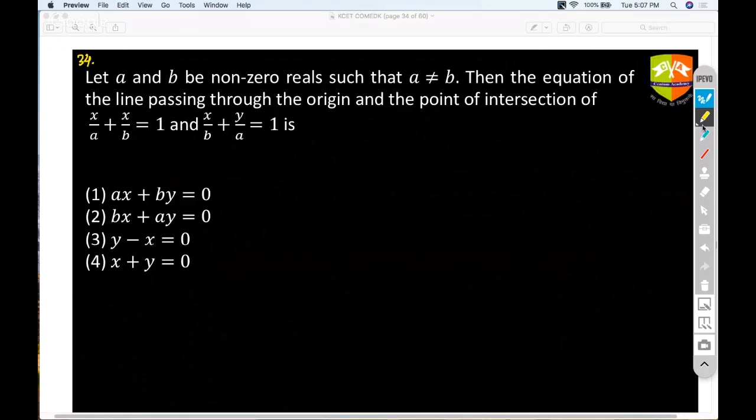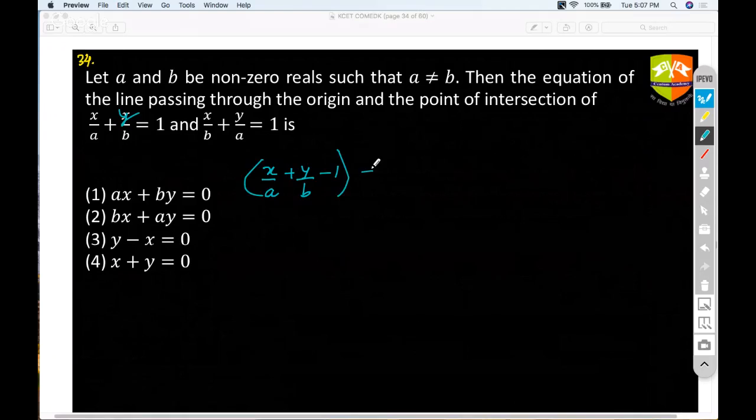All right. So if you have to find a line which is passing through the intersection of these two lines, I think this is y, by mistake it has written x.